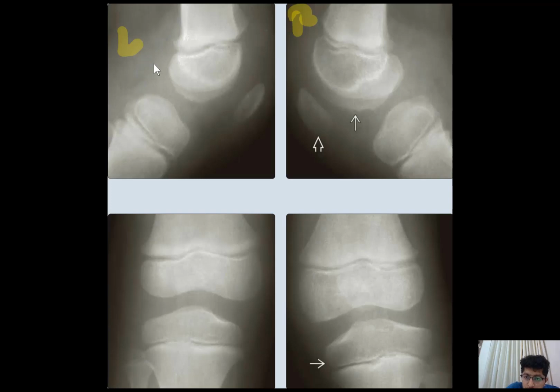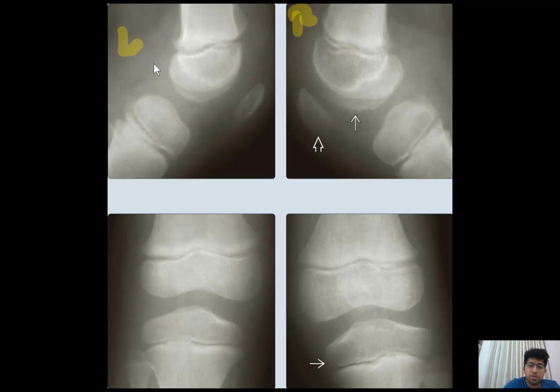We can also see some crenulations at the inferior border of the femoral epiphysis, and the patella has become bigger compared to the contralateral side. Even the tibial epiphysis shows overgrowth, or ballooning.